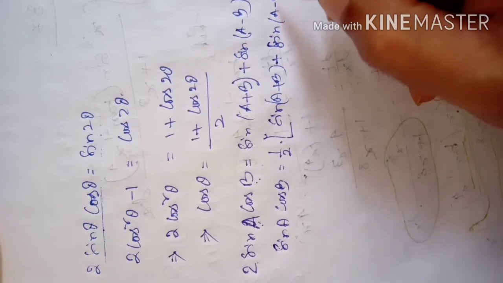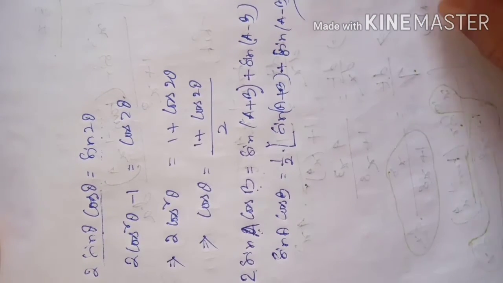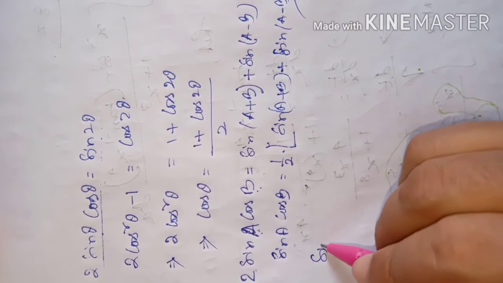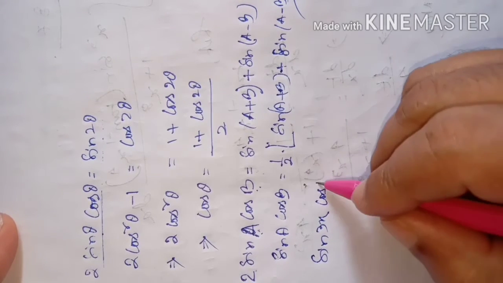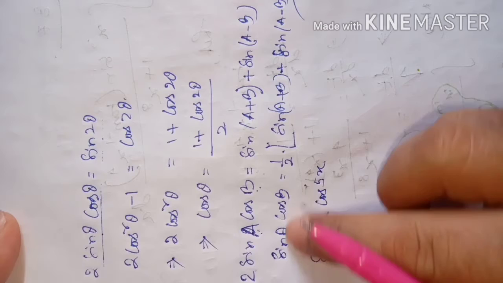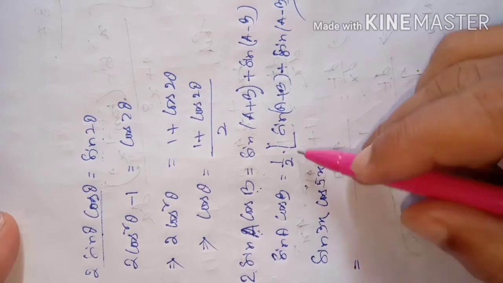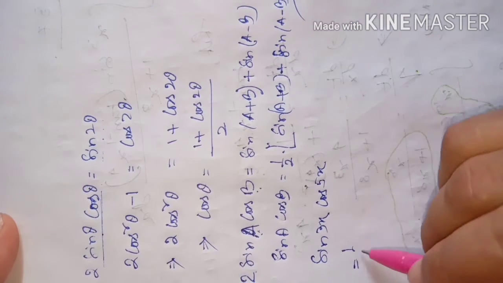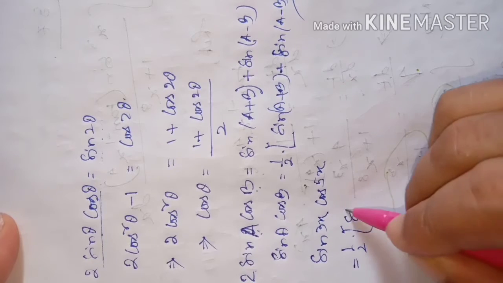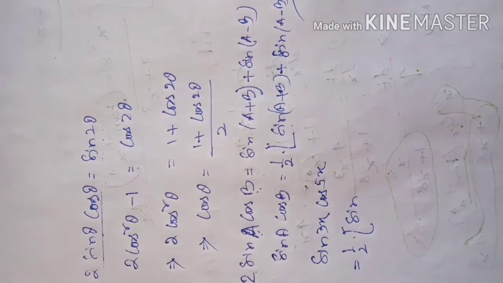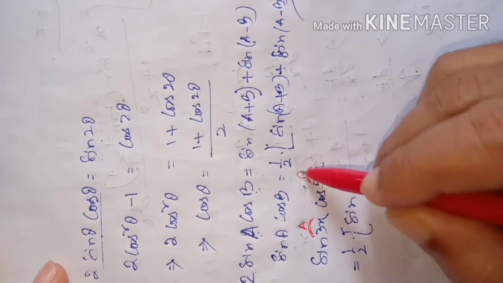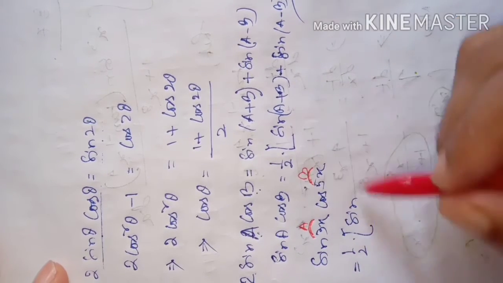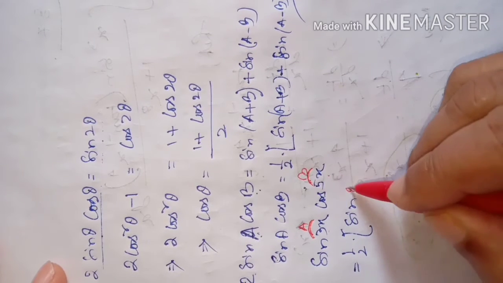Now dear students, suppose you are given one problem of this kind, say sine 3x cos 5x. It resembles this one, so we can immediately transform it into this form, writing half into sine A plus B. We consider this part as A and this as B. So A plus B means 3x plus 5x, that is 8x.